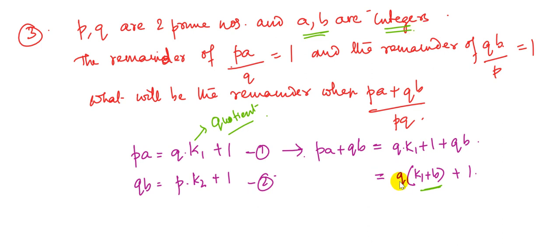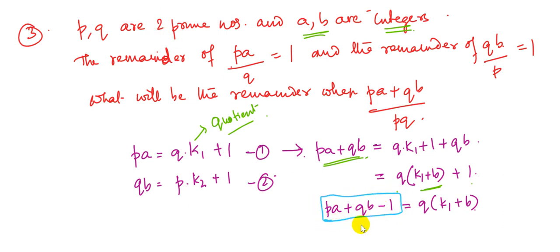So PA plus QB, when divided by Q, gives a remainder of 1. So then I can write PA plus QB minus 1 is Q into K1 plus B, which means this number is divisible by Q.